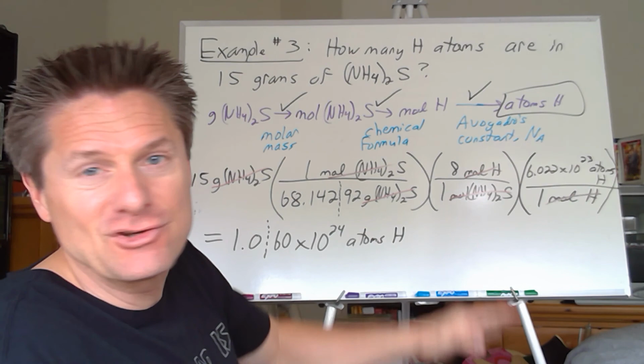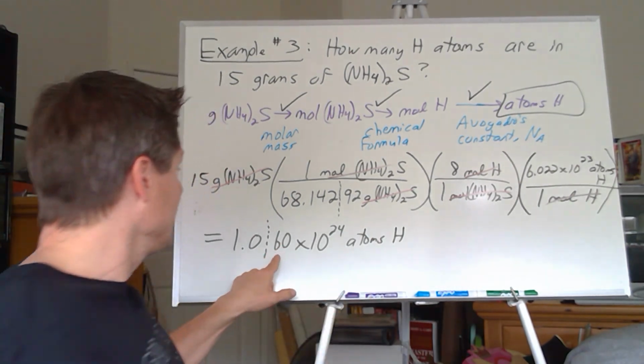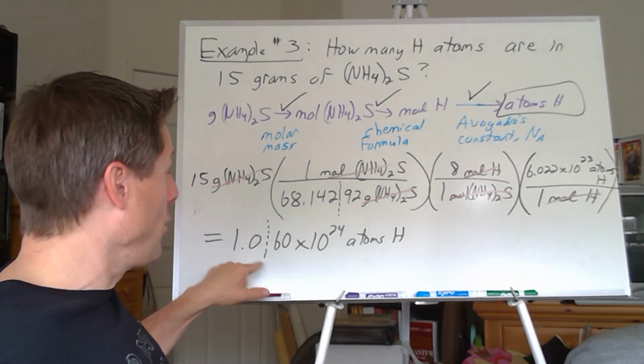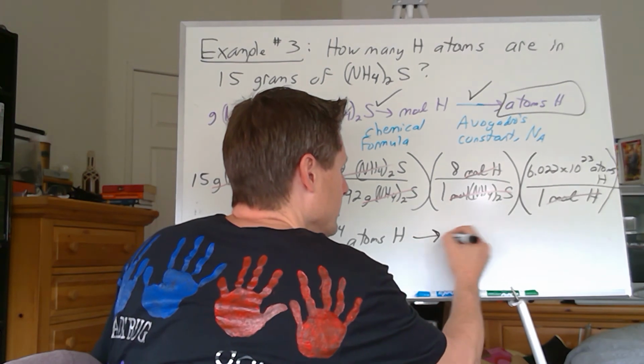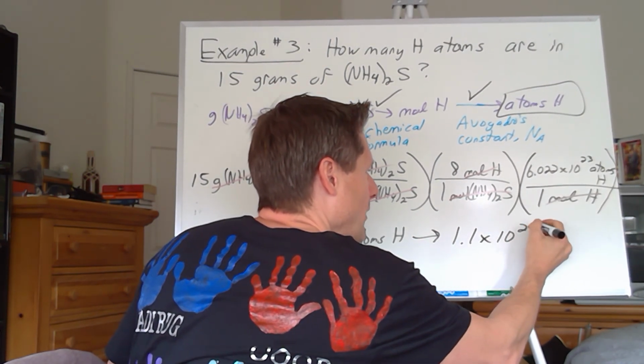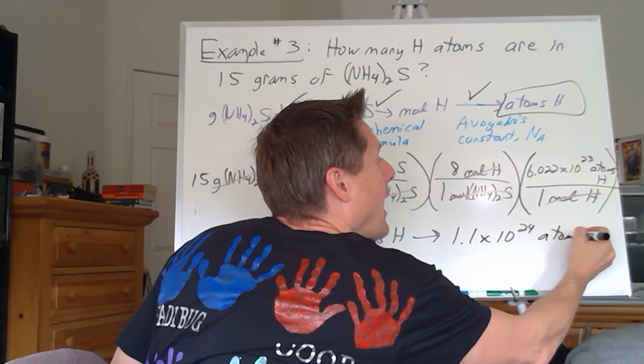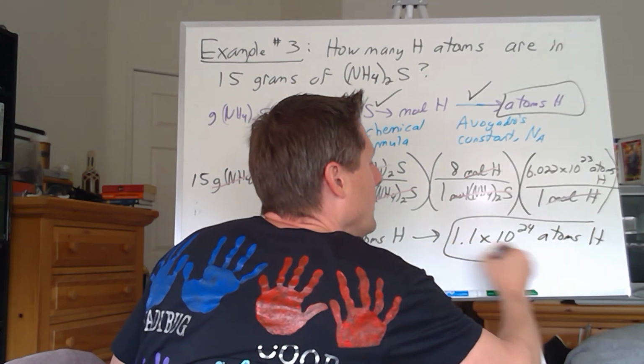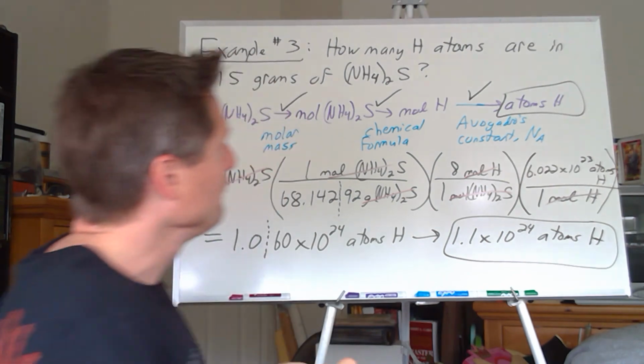Or you could say hydrogen atoms. Doesn't matter. Let's look. That's going to round up to 1.1 times 10 to the 24th. Give me that arrow. 1.1 times 10 to the 24th atoms of element number 1.